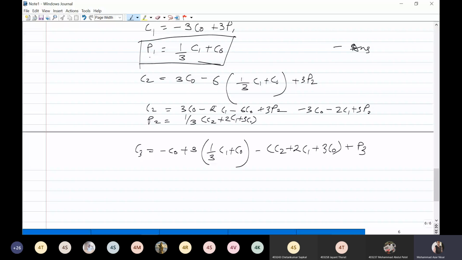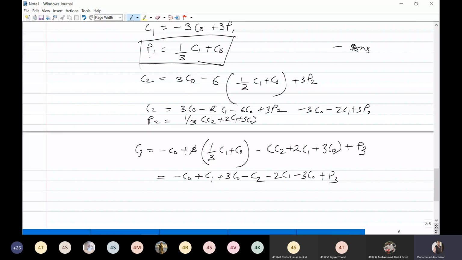Now the minus C0 will get cancelled, then we'll get plus C1 plus 3C0 minus C2 minus 2C1 minus C0 plus P3.